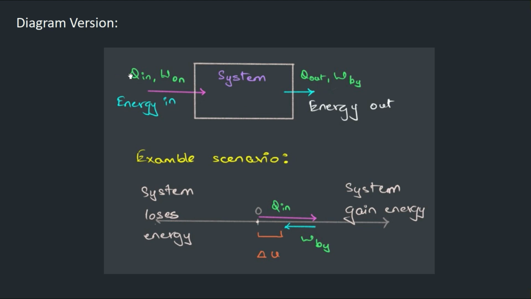Energy can come in when heat is added to the system or work is done on the system. Energy goes out when heat is removed or work is done by the system. An example scenario: the system gains energy in the form of heat and loses energy by doing work. If both are positive, then the energy gain will be a lot more.